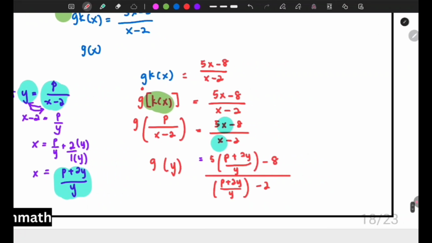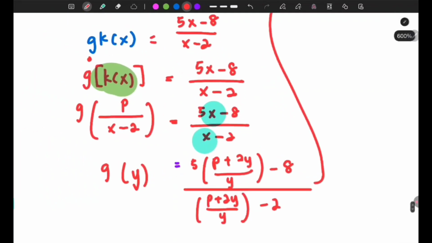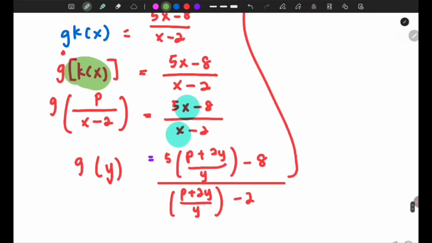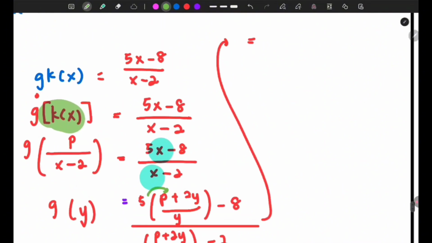And now you actually need to simplify, do your normal mathematics. Simplify, simplify, simplify. So I continue here. So first thing, the 5 here you expand times 5 times p, 5p. 5 times 2, 10y over y, and you minus the 8. So 8 here is over 1.